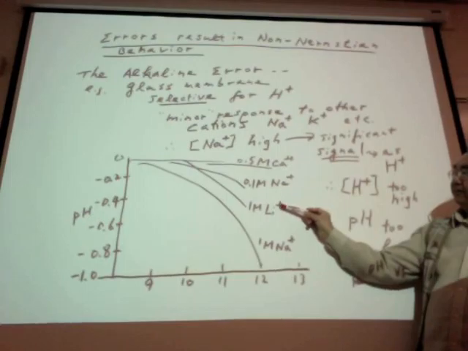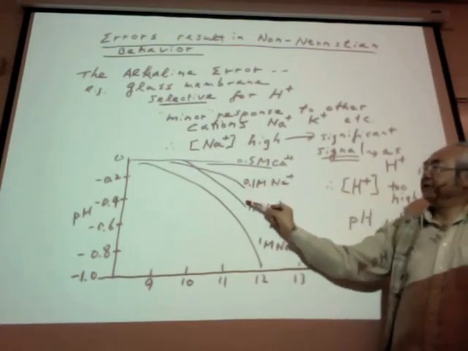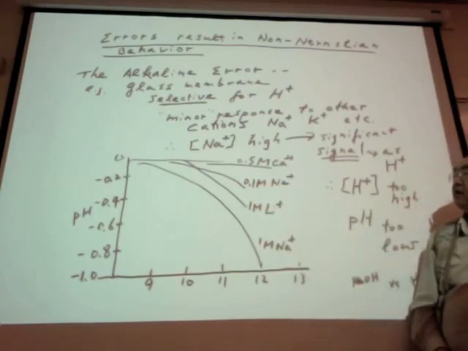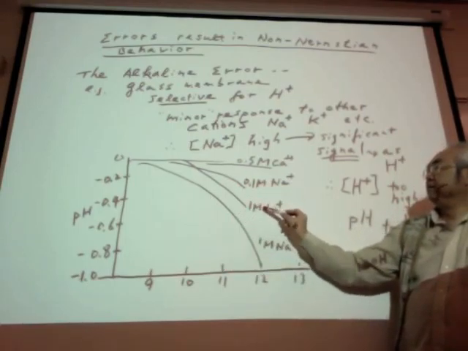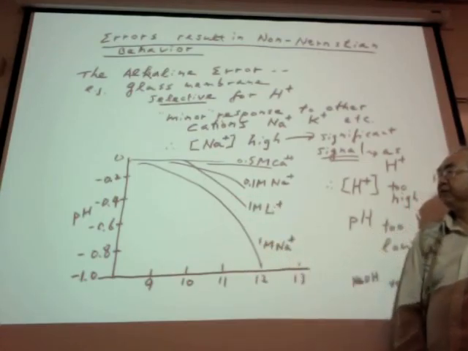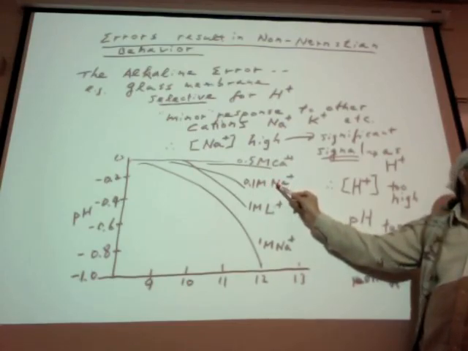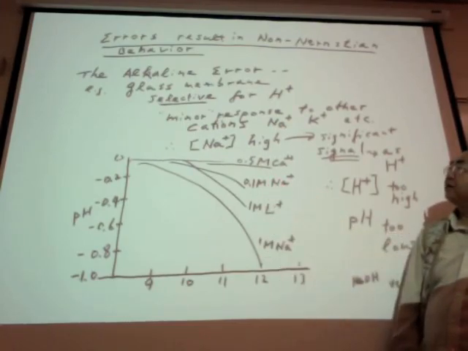Now lithium, same concentration but a different ion, so the influence can be different. Lithium is a little lower than sodium in terms of pH error. Of course, lower concentration will give you less effect.